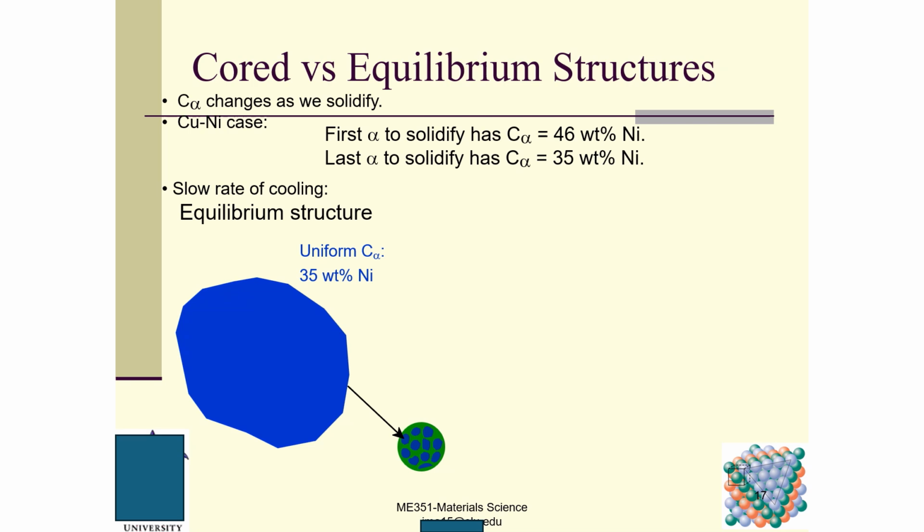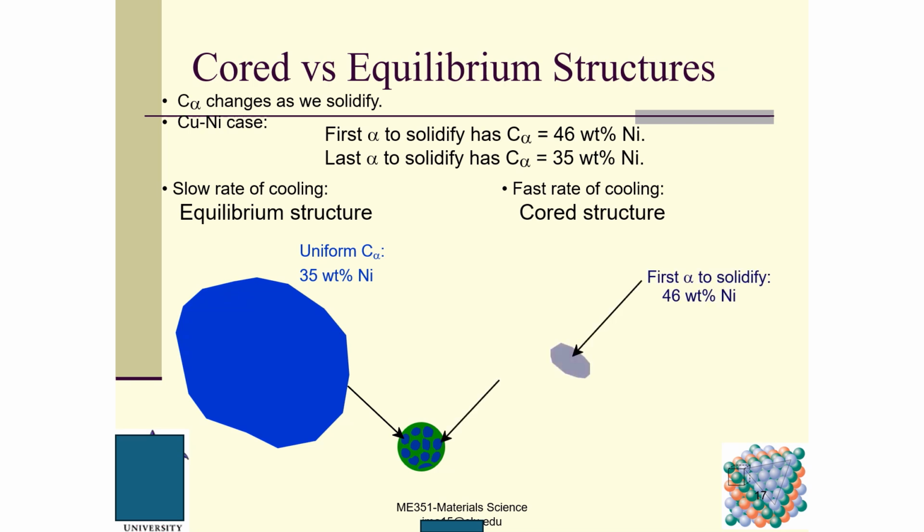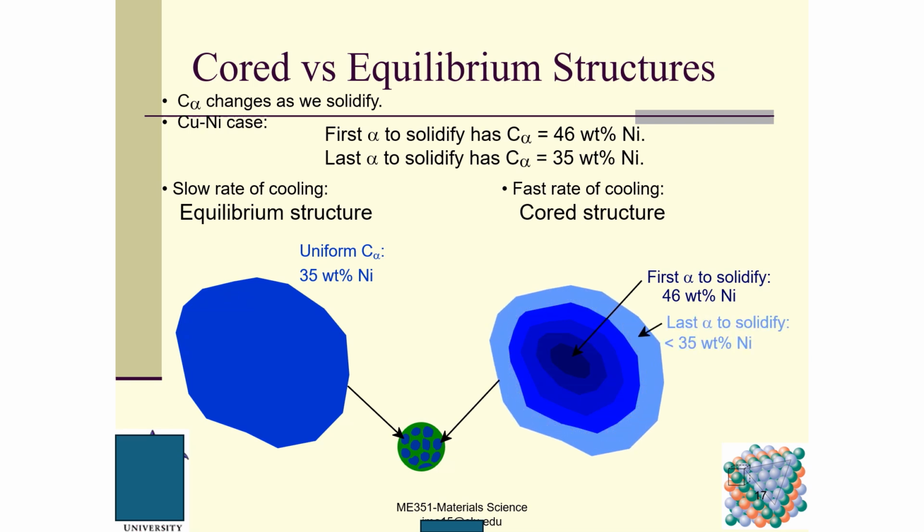So this is a slow rate of cooling, equilibrium structure, and we have uniform C alpha. On a faster rate of cooling, we get this cored structure. The first alpha solidifies at 46 weight percent, and then going down, you can see the last alpha to solidify has less than 35 weight percent of nickel.